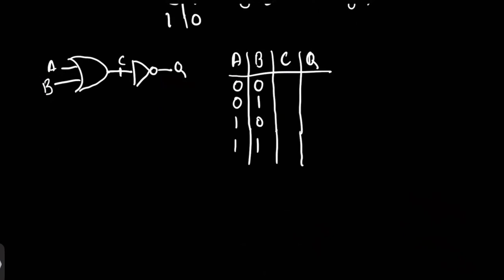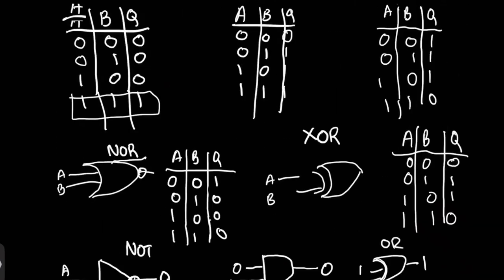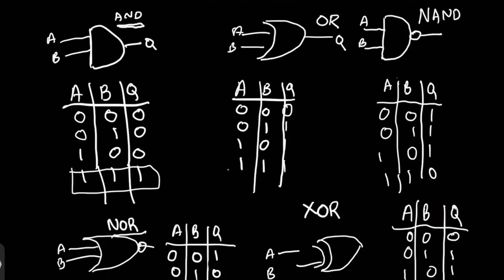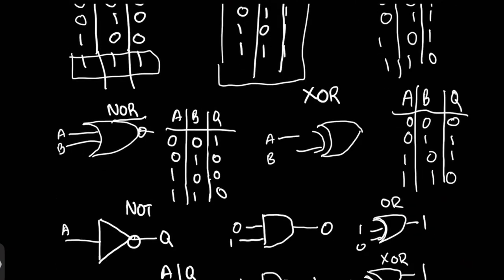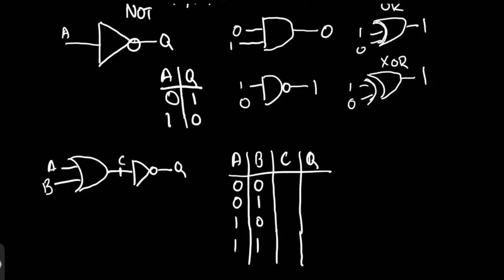For an OR gate, either one of them has to be a 1 for it to be a 1. If it's anything other than two zeros, it's a 1. Exactly. So this should be a 0 then, right? Yeah, and this should be a 1, 1, 1. Perfect. Then we put it through an inverter.